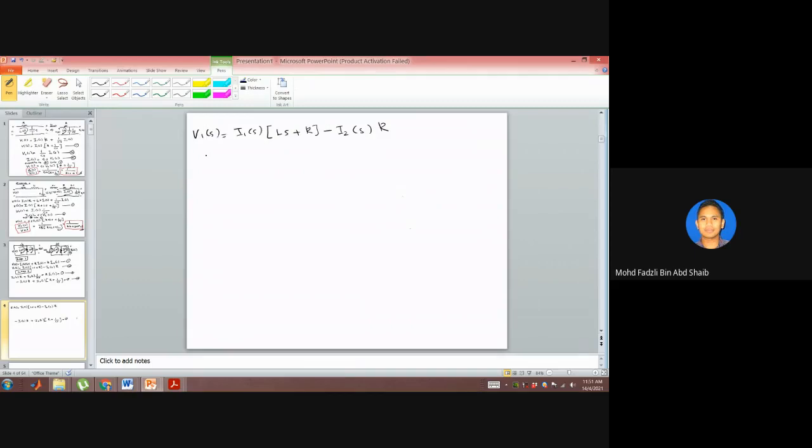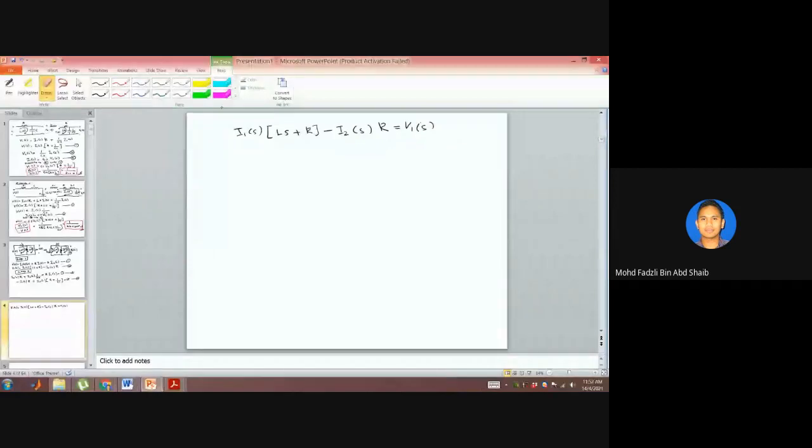Okay, we have V1. This one we just equal V1, equal V1S, right? And we just erase like this.